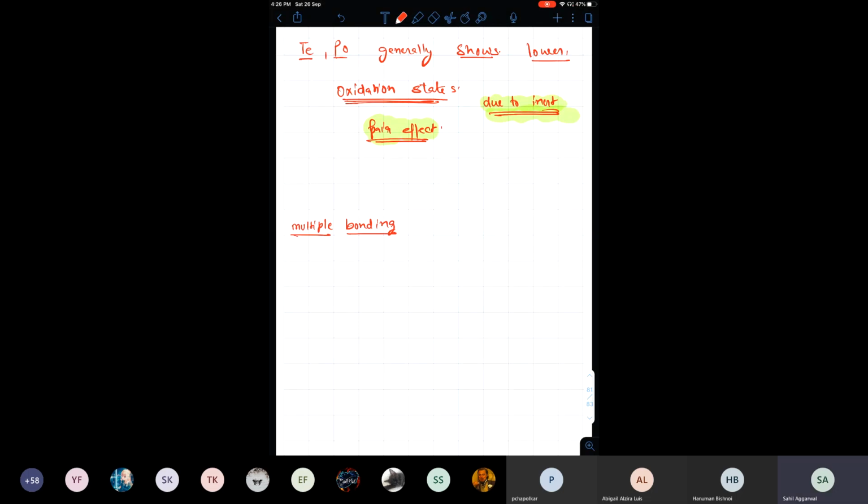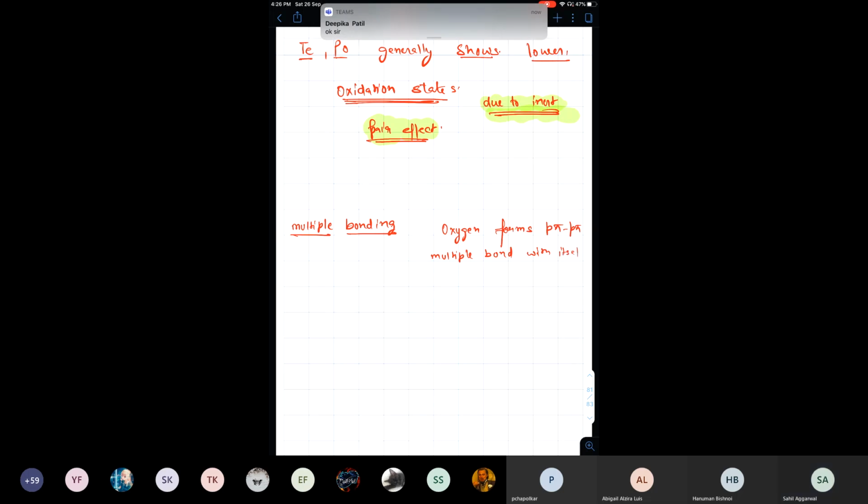Multiple bonding. Oxygen forms p pi multiple bond with itself and with other second period elements.